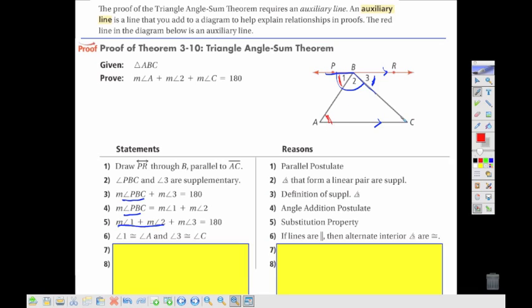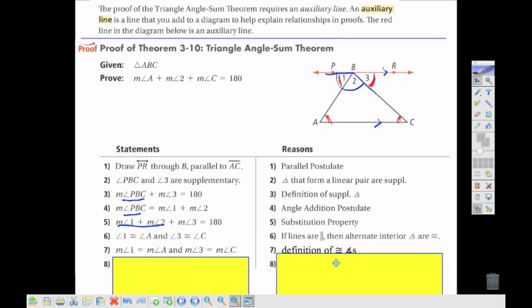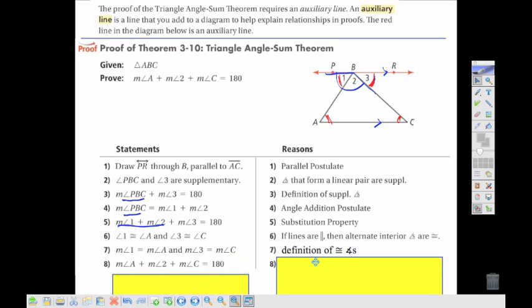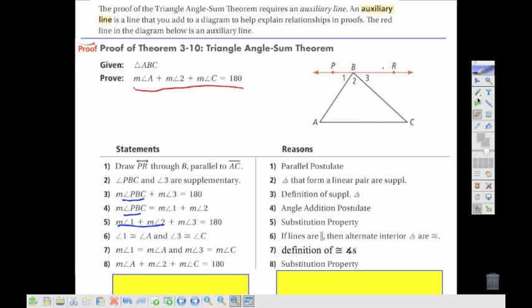So 1 is congruent to A, and C is congruent to 3. When we have congruent angles, we know that their measures are equal to each other. That's our definition of congruent angles. Then we can substitute in to get what we were looking for, that those three angles add up to 180 degrees. Notice that those are the three angles inside of the triangle: angle A, angle 2, and angle C.